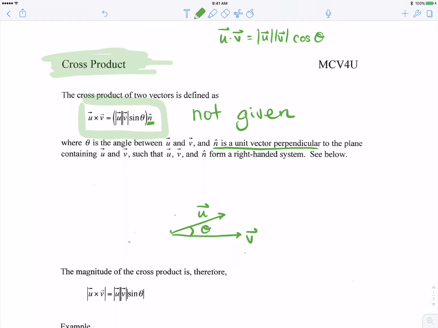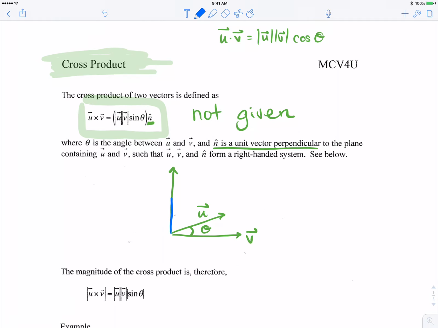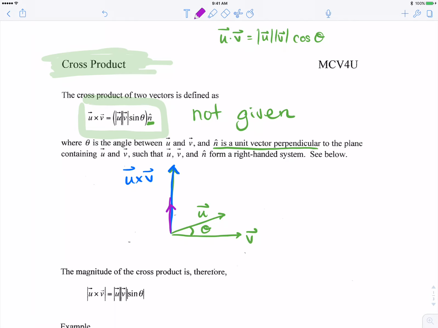That, supposedly a straight line, is my cross product. So I'll maybe do it in blue just so you can see the difference. This is U cross V. That's what gives us that area component. And this is our N. Right? Technically, that's my perpendicular force.